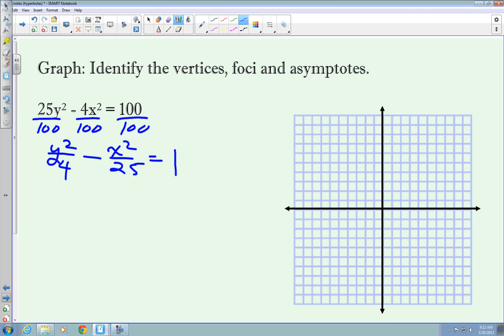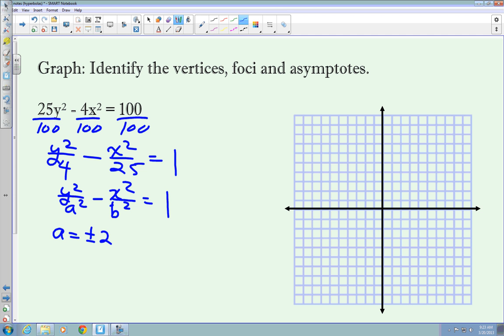So now remember, with the hyperbola, the a squared is always with the first one, always the positive one. So my general form here is y squared over a squared minus x squared over b squared equals 1. So if a squared equals 4, what's a going to be equal to? 2. So a equals plus or minus 2.